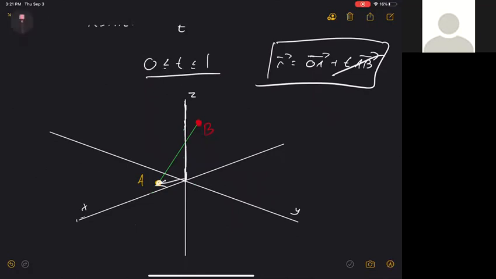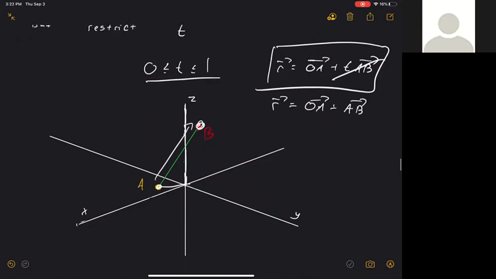And when you plug in 1 for t, you're at r equals origin to a plus the vector a to b. So you're at this vector plus this vector, so you would be at the point B. And for any value between 0 and 1, you're going to be somewhere on that line.